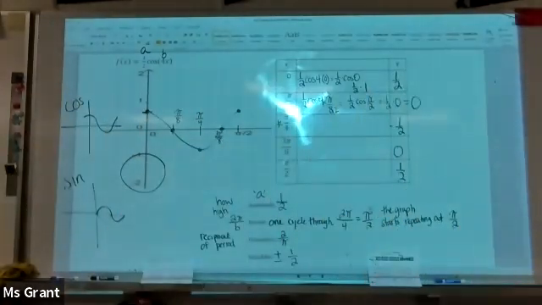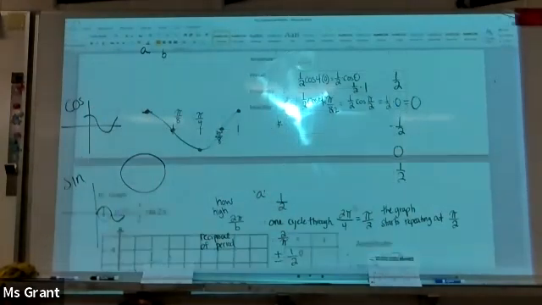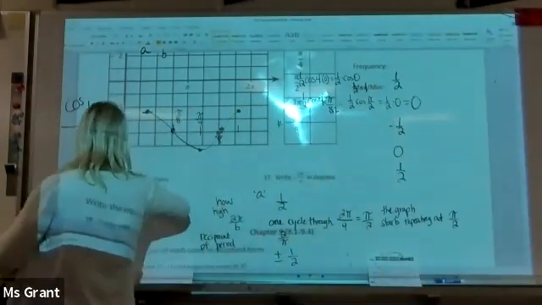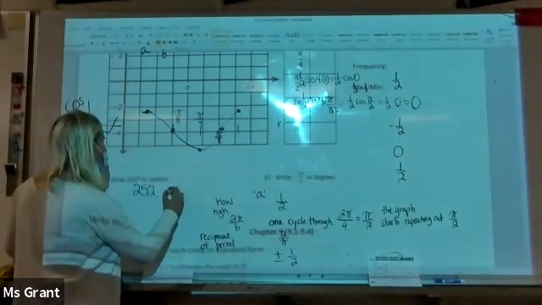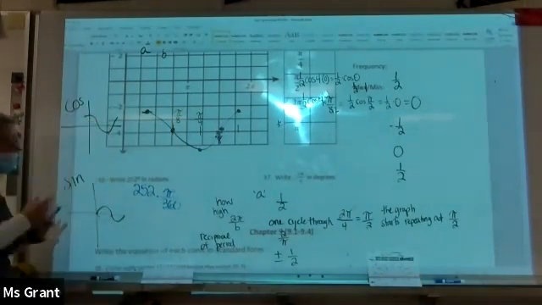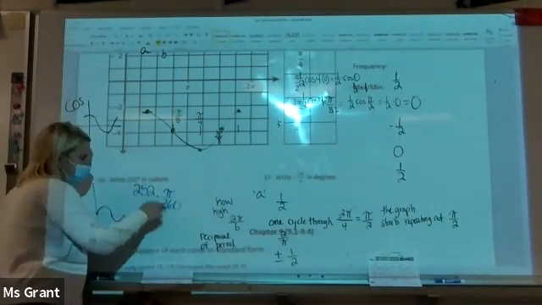The last thing is 252 degrees to radians. In order for me to change from degrees to radians, I multiply by pi over 180. How did I know it was that? Because diagonally, I need to have the same unit of measure.